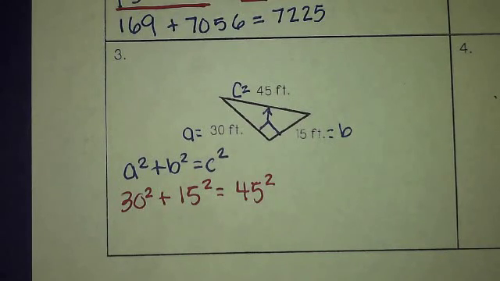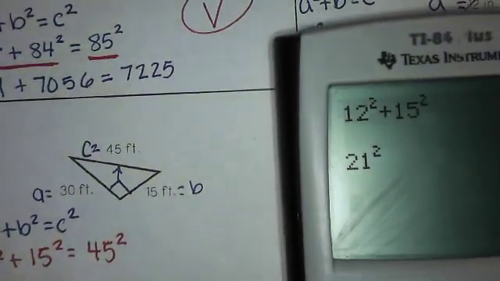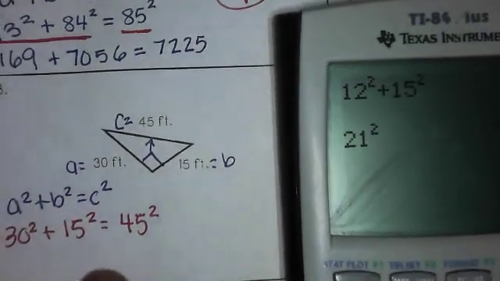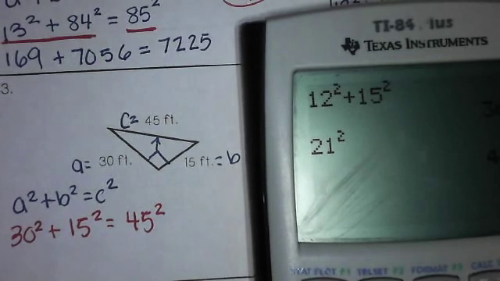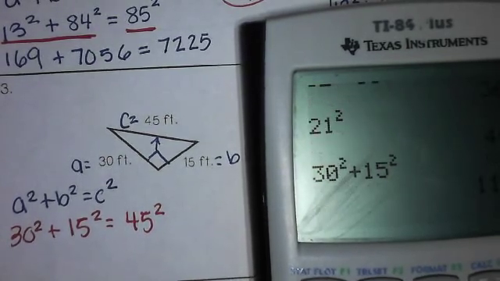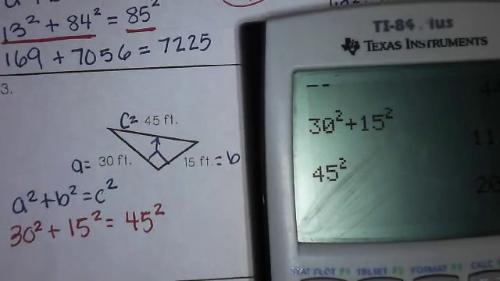We got to make sure that it works. So again, I'm bringing up the calculator. I'm going to put my numbers in. So I have 30 squared plus 15 squared, and that gives me 1125. Let's see if it works. 45 squared, 2025. That one is not true.